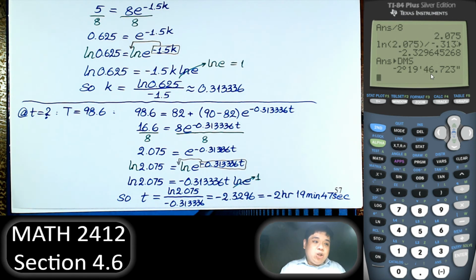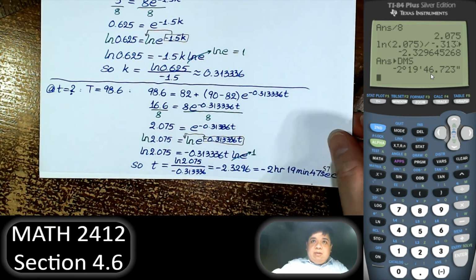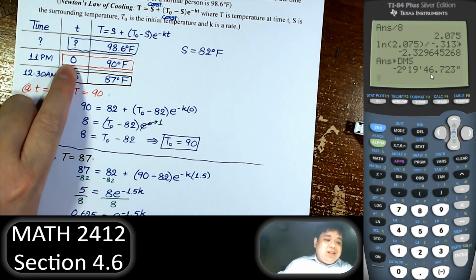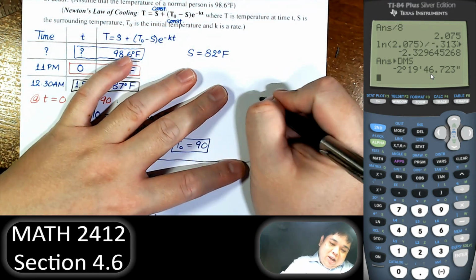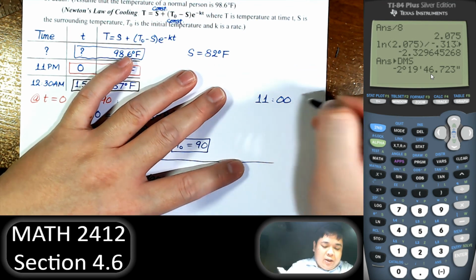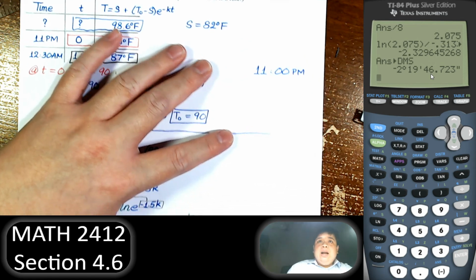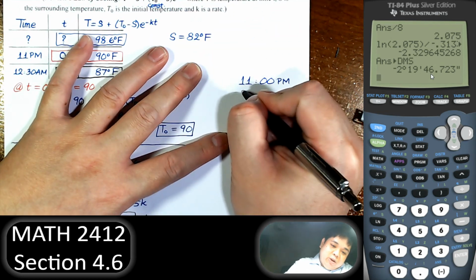Now let's go back to what we have from the beginning. So we have 2 hours and 19 minutes. When t is equal to 0, we have 11 p.m. Now we subtract 2 hours and 19 minutes from that.